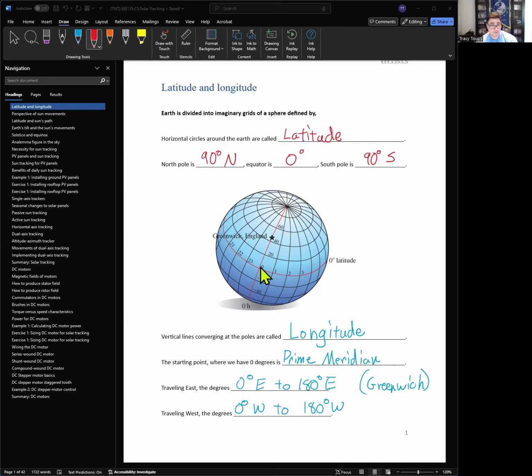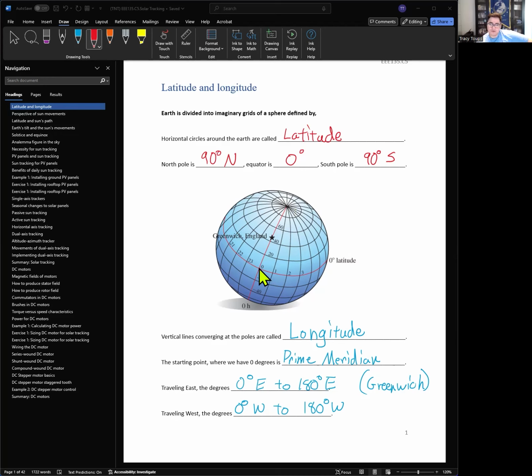When we want to travel east, we can go from 0 degrees to 180 degrees east. As we travel east, 180 degrees is the exact opposite side of the Earth from Greenwich, England. Think of an imaginary line drawn from north to south on the other side of the Earth, somewhere in the Pacific Ocean. That's the 180 degrees.